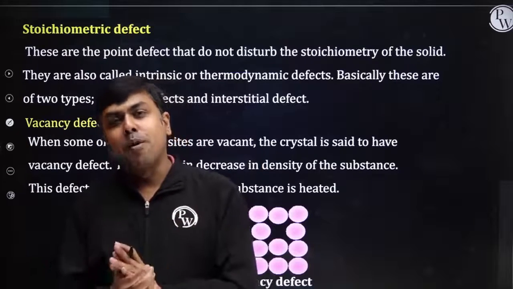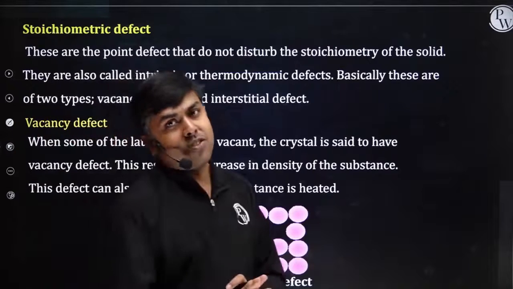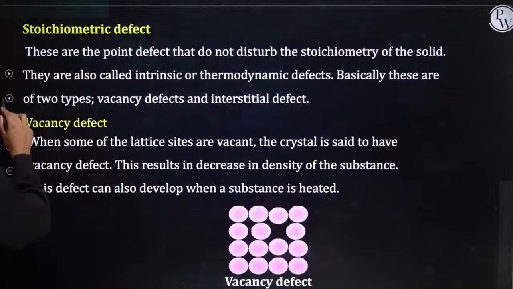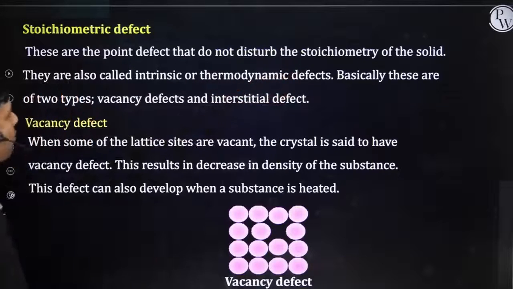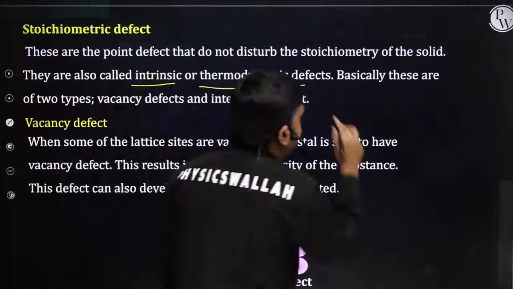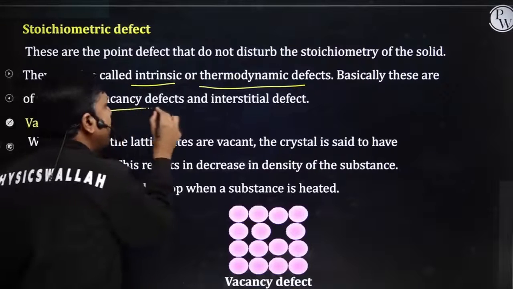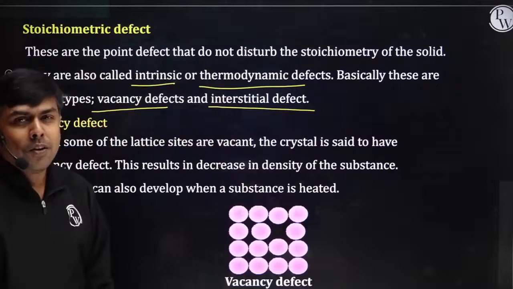In such type of point defects, the stoichiometry of the molecule of the crystalline solid is not disturbed. They are also referred to as intrinsic or thermodynamic defects. Basically, these are of two types: vacancy defects and interstitial defects. Although I have told you four types.